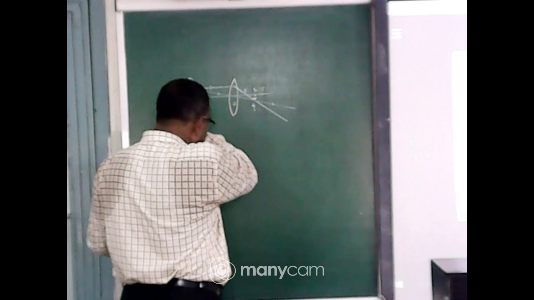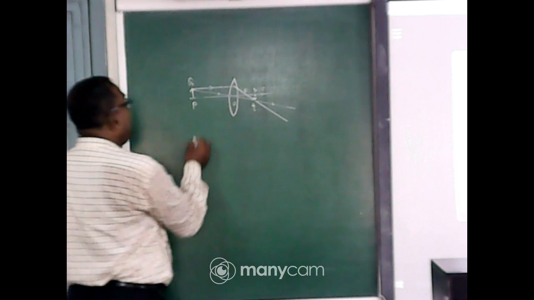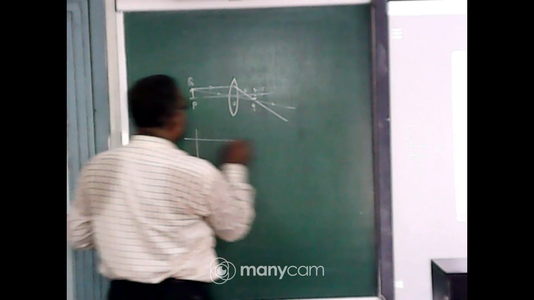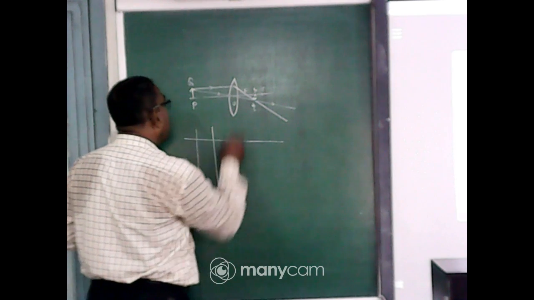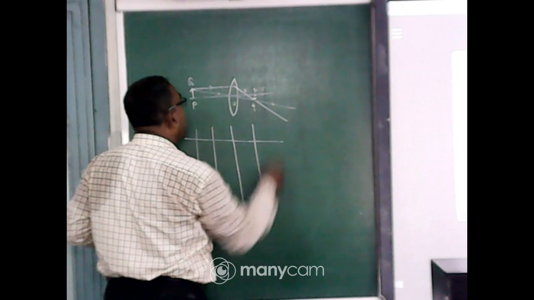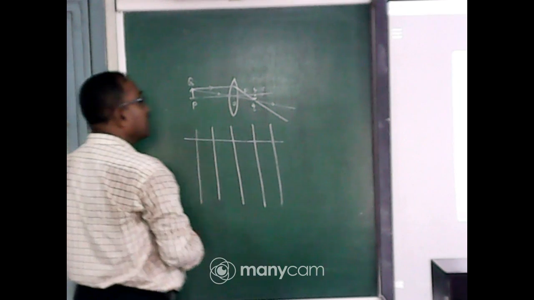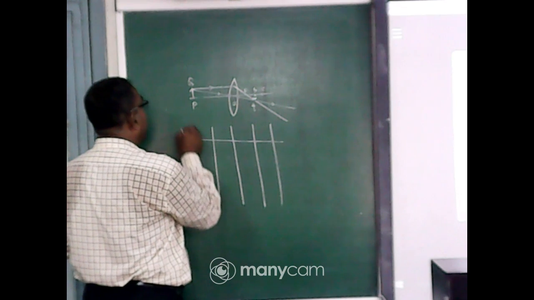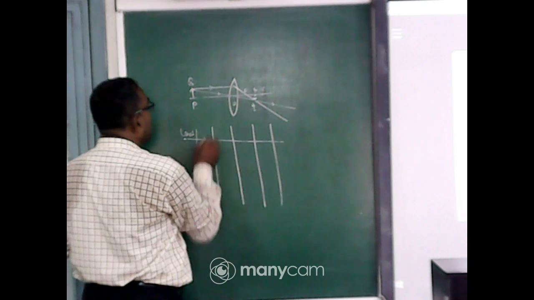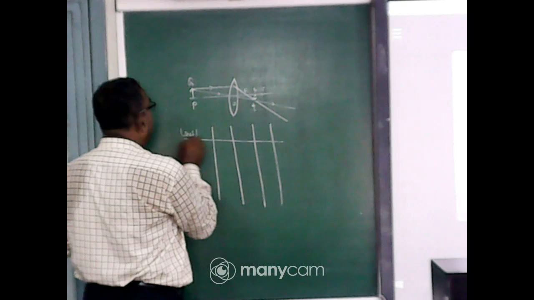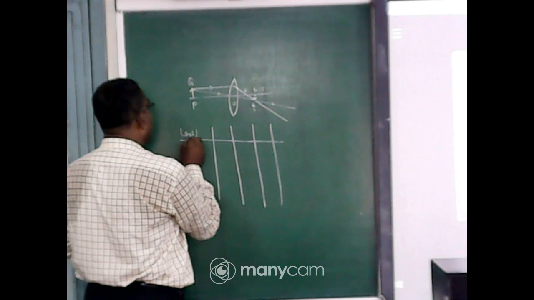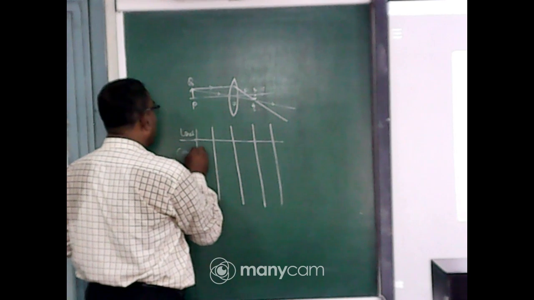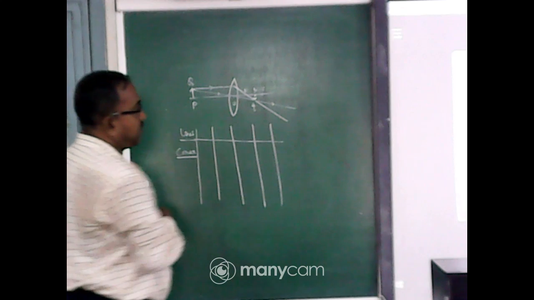So my dear student, you know it. You must try to summarize this chapter. First you consider the lens, the concave lens, convex lens.